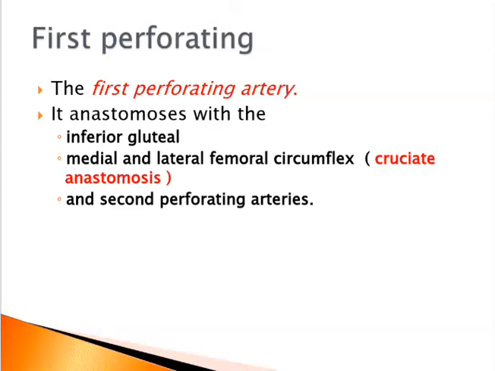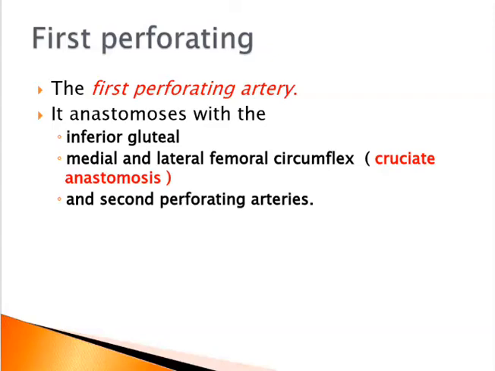Then we come to the first perforating artery. It anastomoses with the inferior gluteal and the medial and lateral circumflex transverse branches, and that is what is called the cruciate anastomosis. So the first perforating artery is a contributor to the cruciate anastomosis.